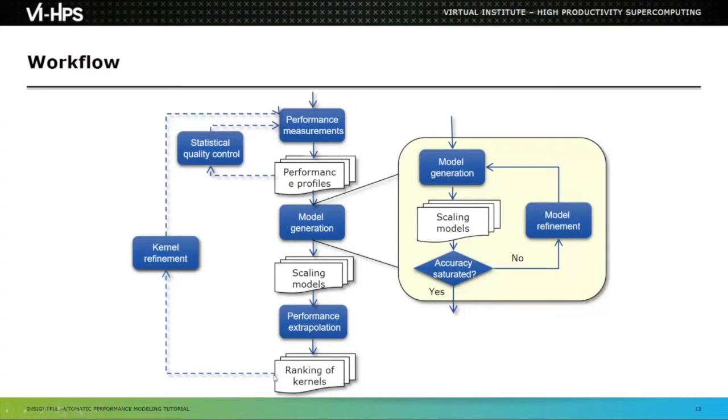And then with this information, the developer of the application could, for example, go into specific kernels and do some refinement. And then we would start the process over again, take measurements, check the performance again. And basically, we can do this over and over until we are satisfied with the performance.